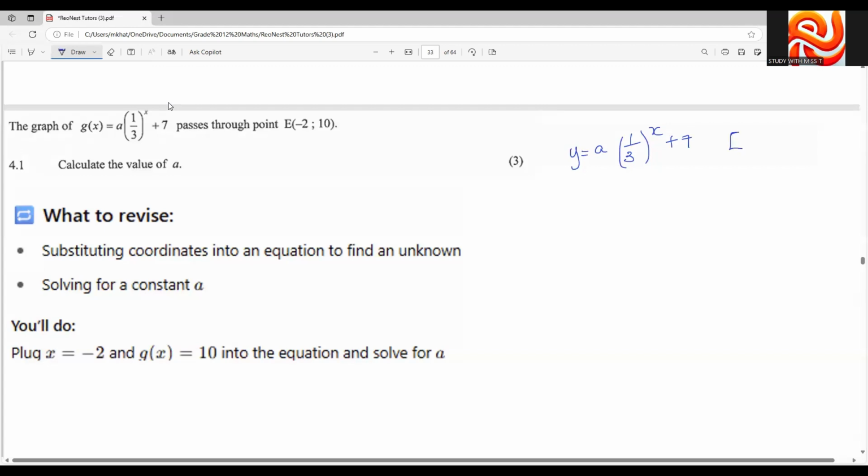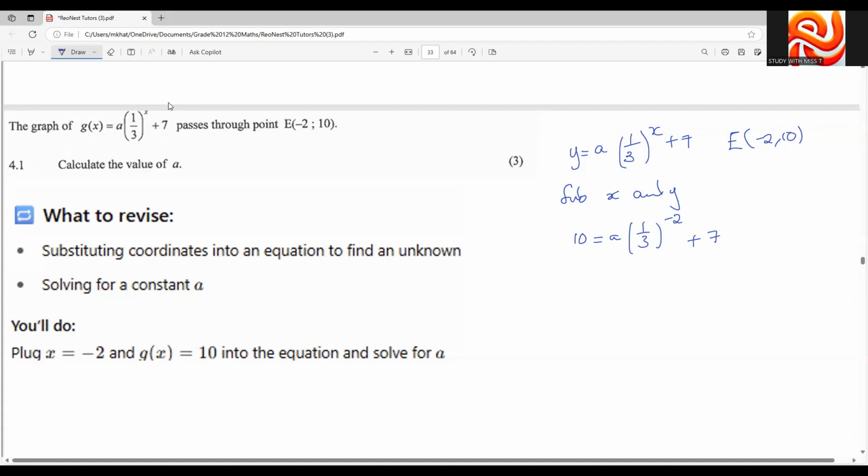And we are given that the vertex is on -2 and 10. Okay, so now we're going to substitute x and y. So our y in this case is 10 is equals to a times 1/3 to the power -2, okay, plus 7.